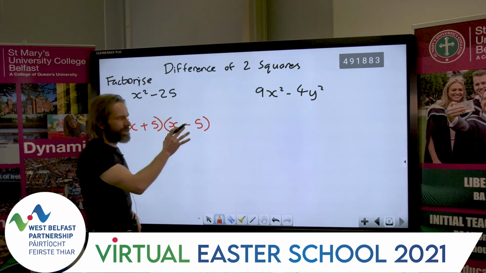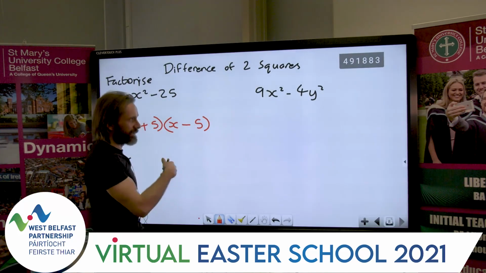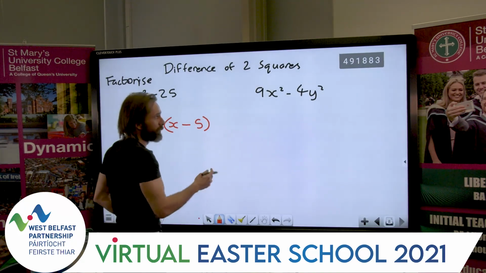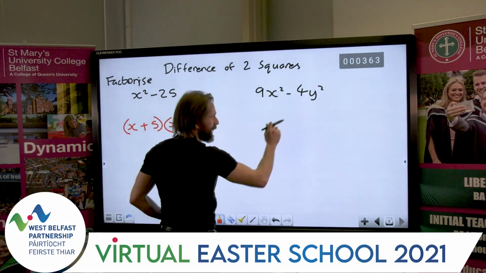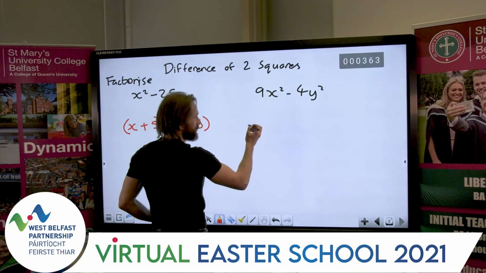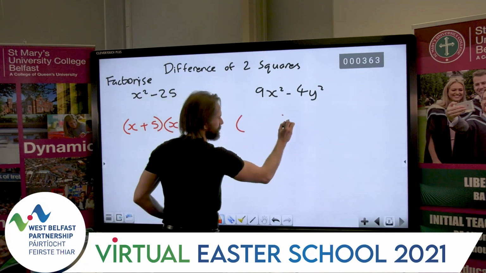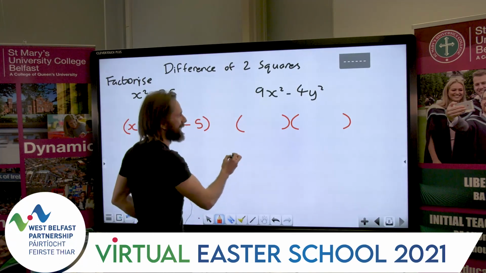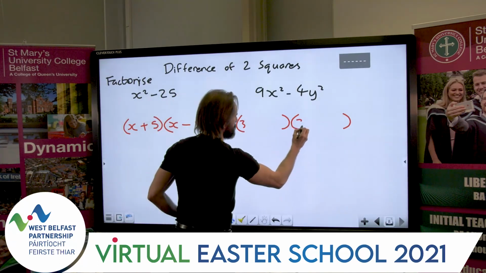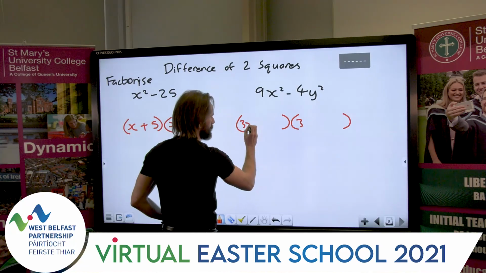Okay? And I mean, you look at this second example, you think it's going to be a great deal more difficult. No, both terms are squared terms. 9 and 4 are both square numbers. x squared and y squared are both squared terms. So essentially, if we want to factorise this, well, the square root of 9 is 3. And again, don't forget the square root of the x squared as well.